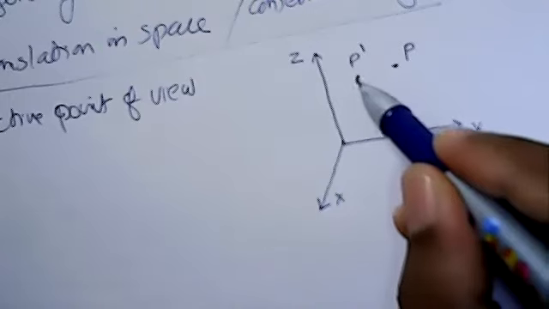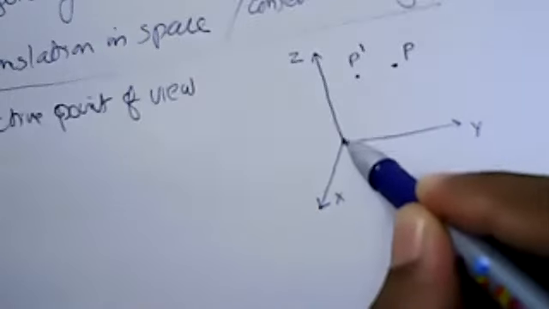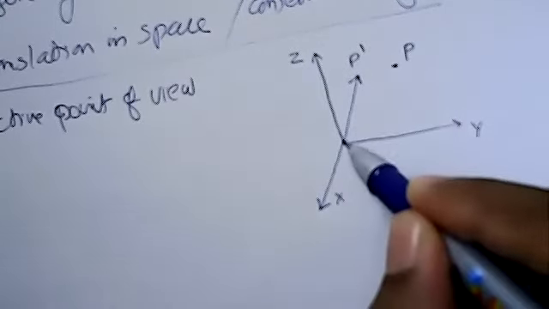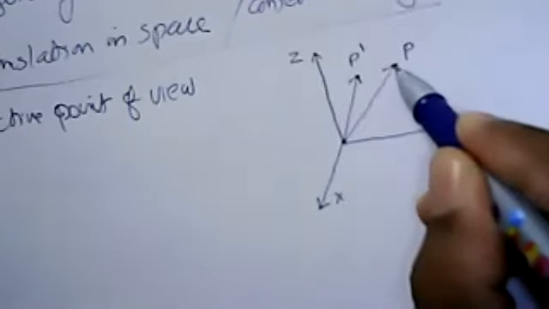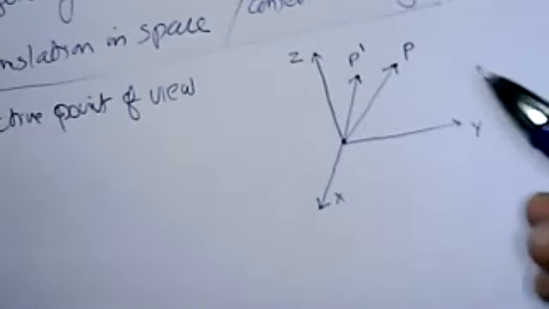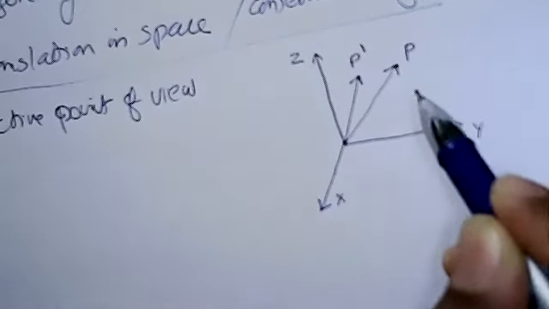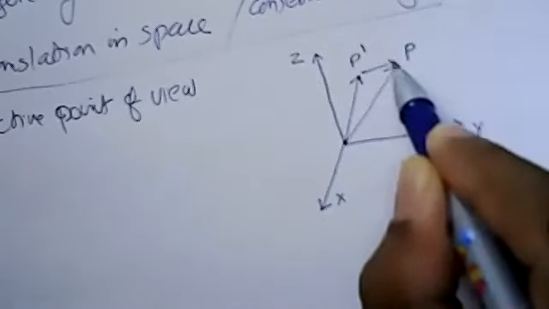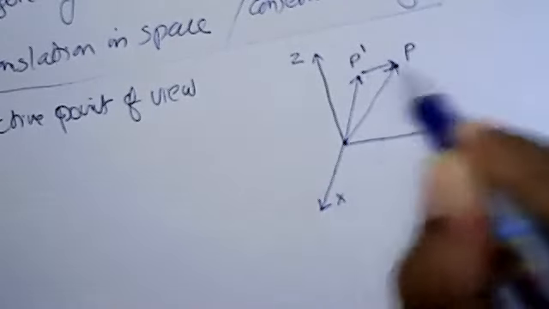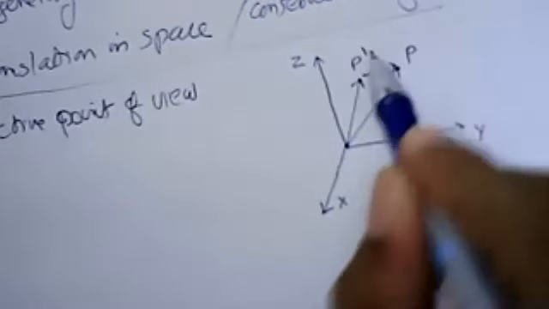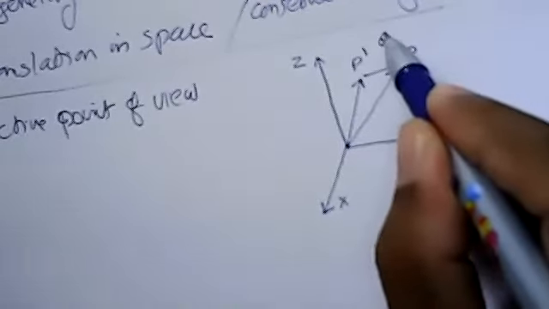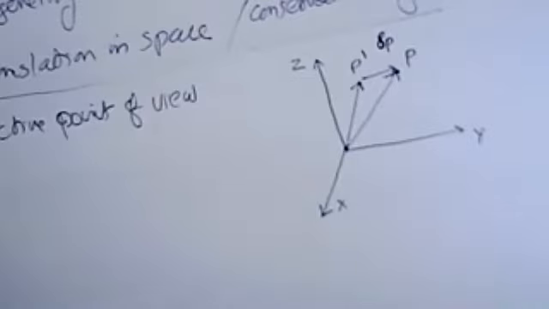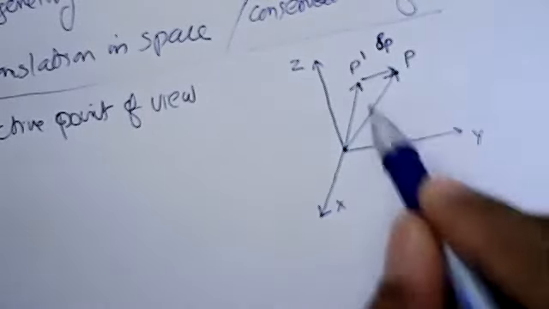So the initial position vector is this one, the final position vector is this one, and we are doing an infinitesimal translation. Let us call this infinitesimal translation delta rho.